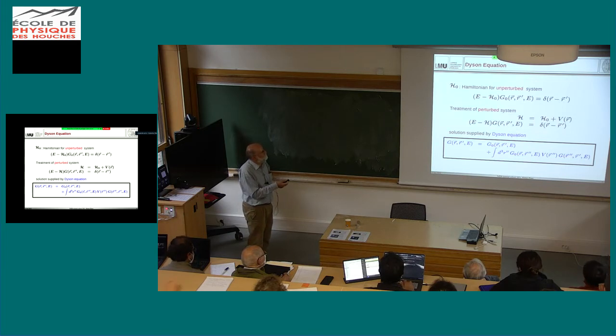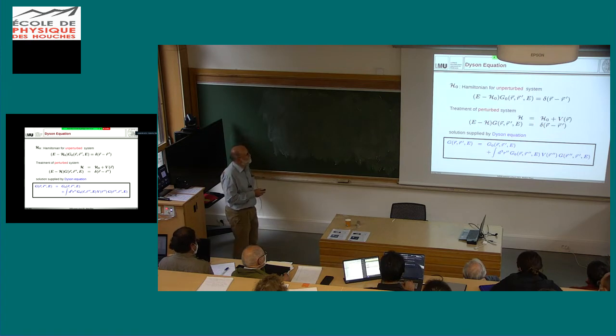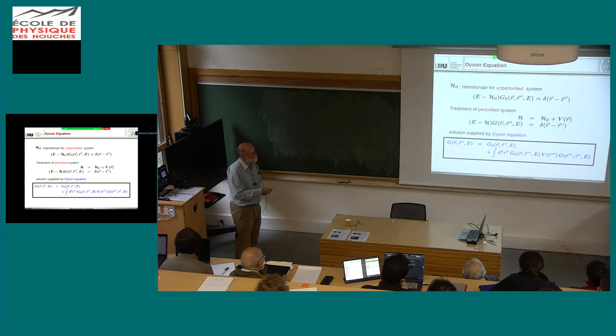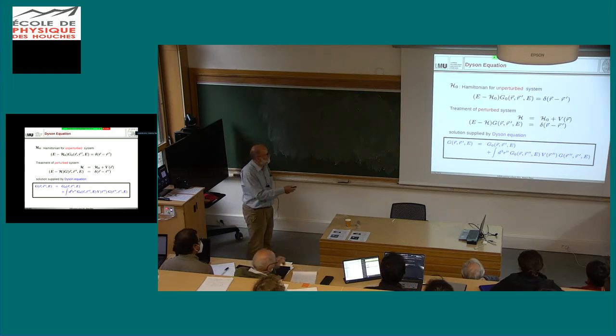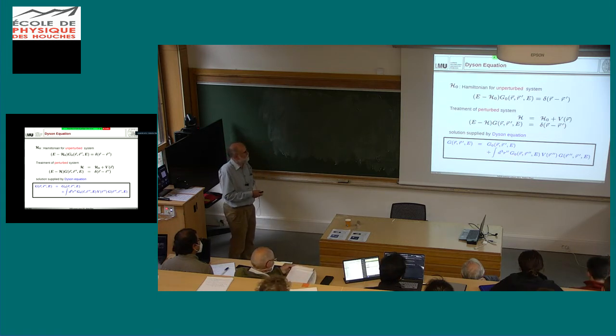We can now consider the equation for the Green's function for an unperturbed system and a corresponding equation for a perturbed system where we have added a potential that makes a perturbation, and we get, for the more complicated situation, the solution by the Dyson equation. The Dyson equation looks absolutely the same way as we had it for the Lippmann-Schwinger equation. All that changes is that the objects we look at are no more wave functions but Green's functions.